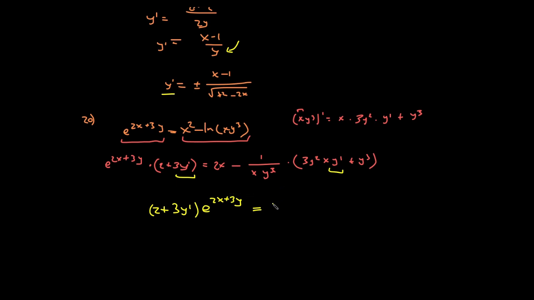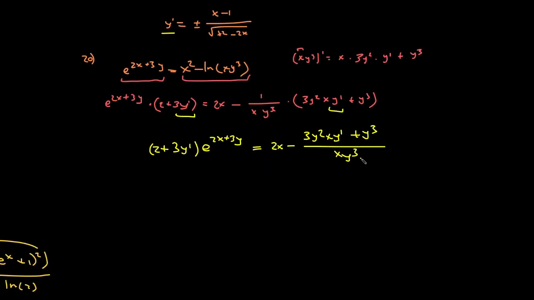Alright, so I'll quickly rewrite this to make it a little bit nicer: 3y squared x y prime plus y cubed. So this isn't y to the 1, this is y prime, the derivative of y, right? It's technically an apostrophe. Let's see what we can do. I will look here first, because I feel like I can divide out a couple of things.